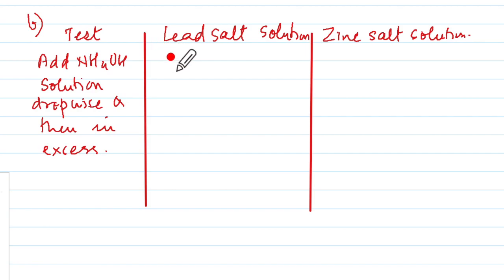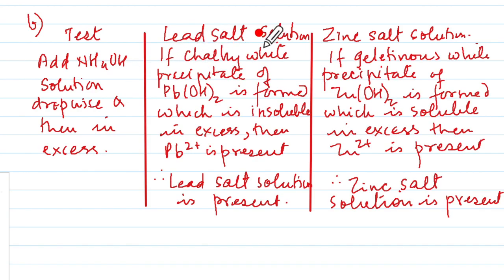So let's see how we write it. With lead salt we will have chalky white precipitate of Pb(OH)2 formed, which is insoluble in excess of NH4OH. Then Pb2+ is present, therefore lead salt is present, and they have given solution, so we write solution. For zinc, you'll say gelatinous white precipitate of zinc hydroxide is formed, which is soluble in excess.